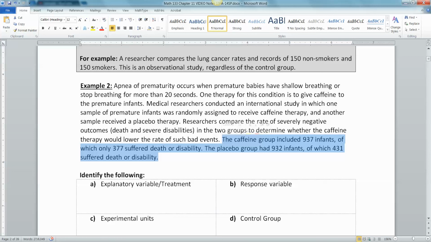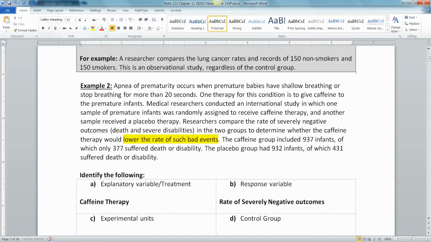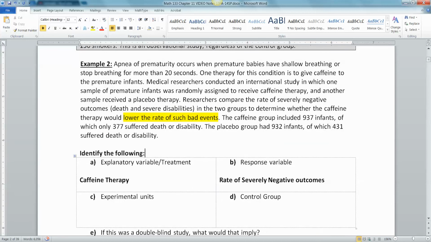All right, so your explanatory variable, your treatment, would be the caffeine therapy. You're trying to see whether the caffeine therapy, that's your explanatory variable, affects the rate of severely negative outcomes. You want to lower the rate of such bad events, right? You're trying to make sure that the caffeine can lower this rate.